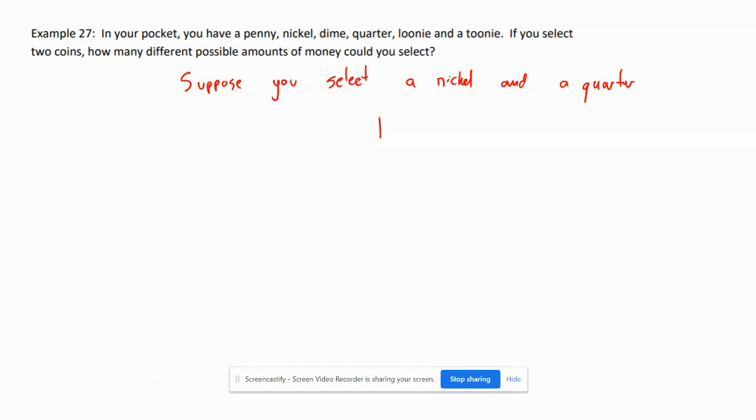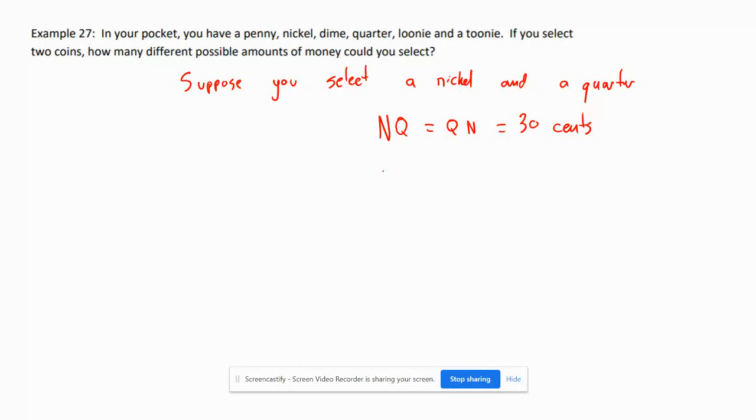So NQ, nickel quarter, is the same thing as QN, which is 30 cents over here, okay? If I take 2 coins in this situation and I'm measuring the amount of money I collected, it doesn't matter if I go NQ or QN, okay?